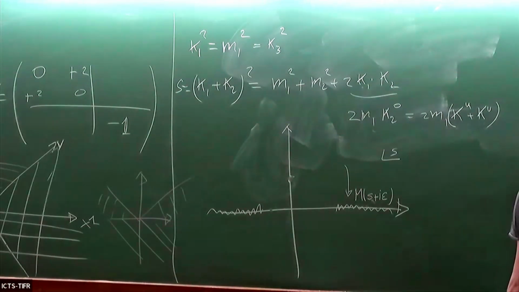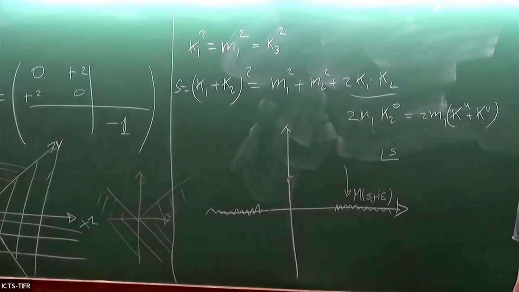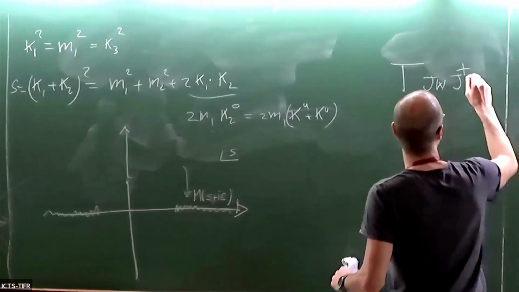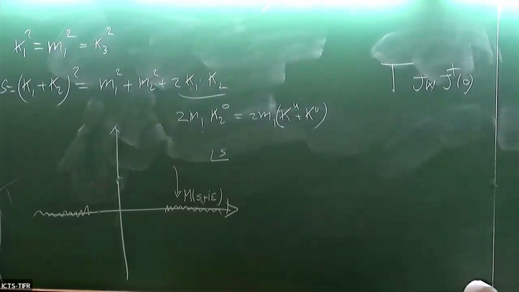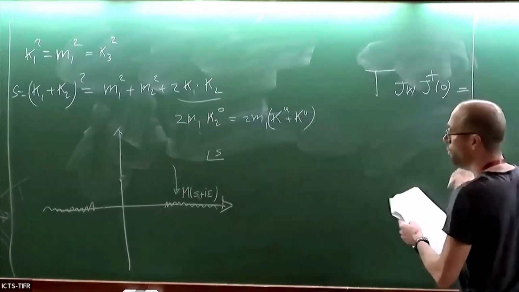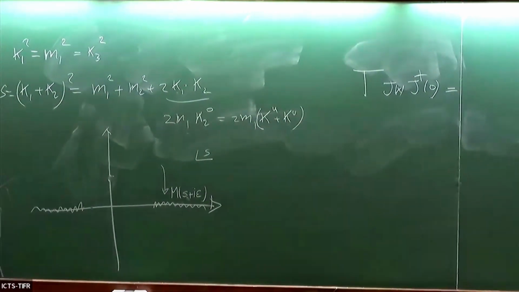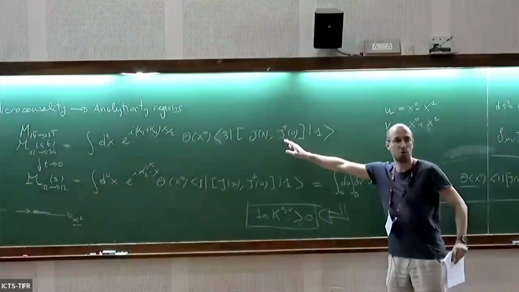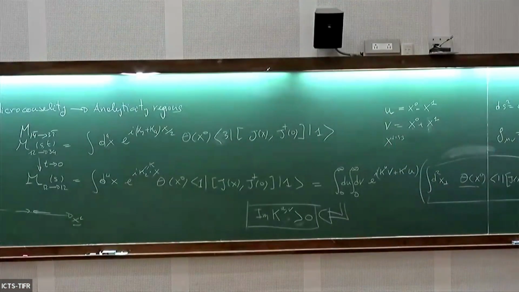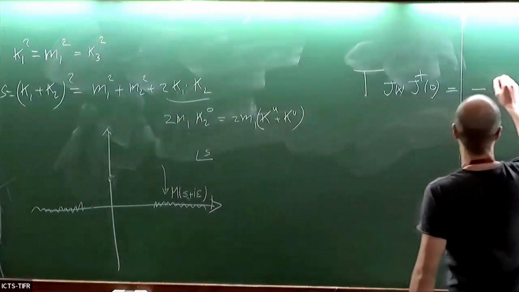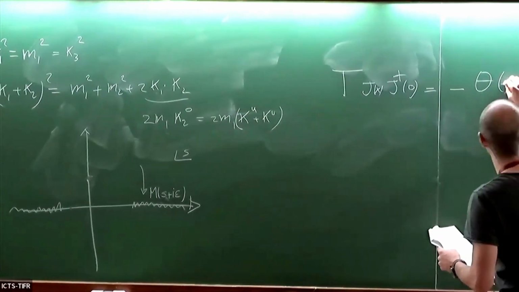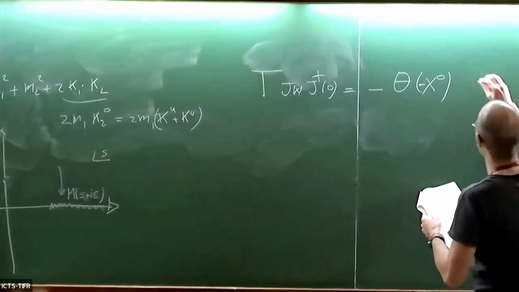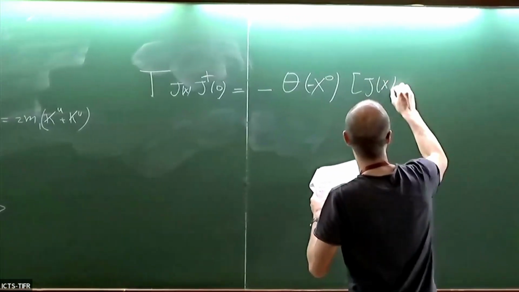So let's go back to the time order formula. Yes, this one, we wrote it in this form yesterday. We wrote it as step function times commutator, sandwiched between the states. But there is another identity that you can use.